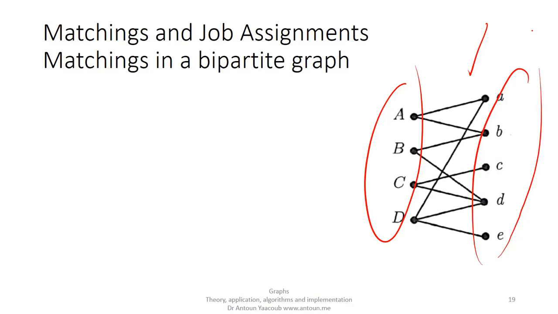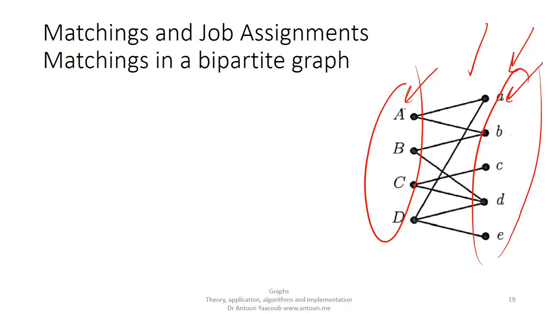Let the vertices of X represent the applicants, and let the vertices of Y represent the job openings. We draw an edge from a vertex V in X to a vertex W in Y whenever the applicant represented by V has the skill required by the job represented by W.